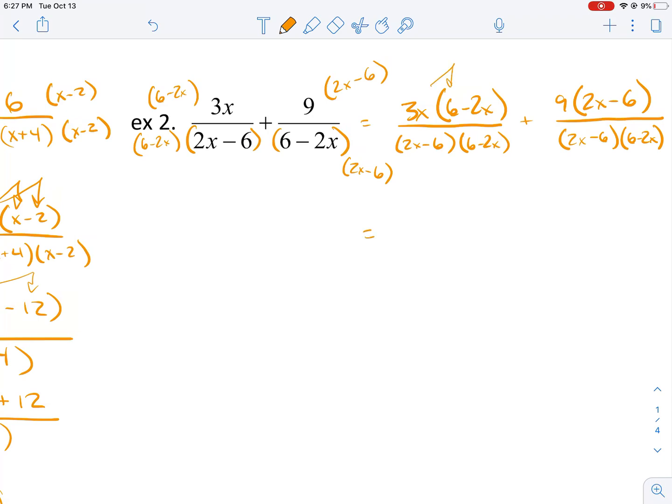So let's distribute here. I have 3 times 6 is 18. 18x minus 6x squared plus 18x minus 54.